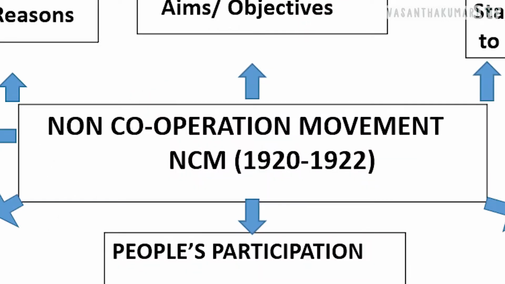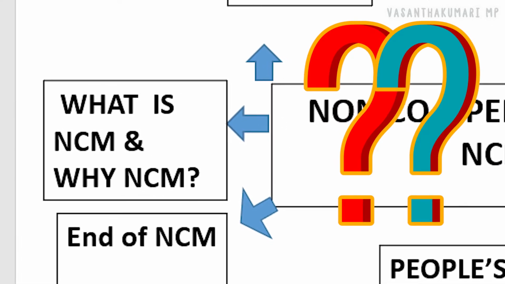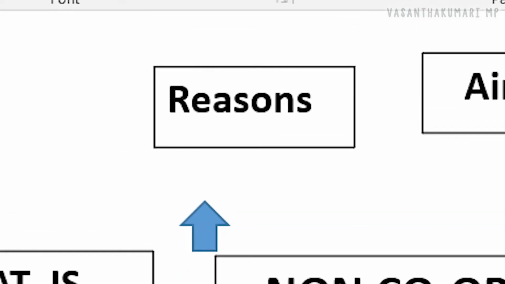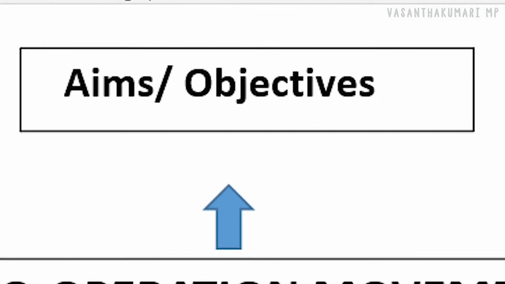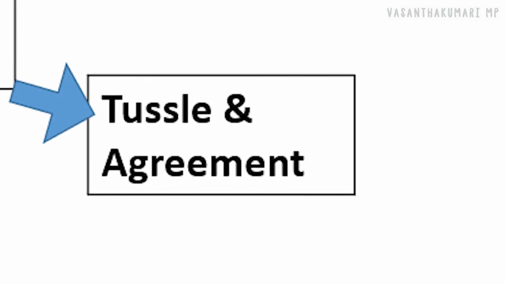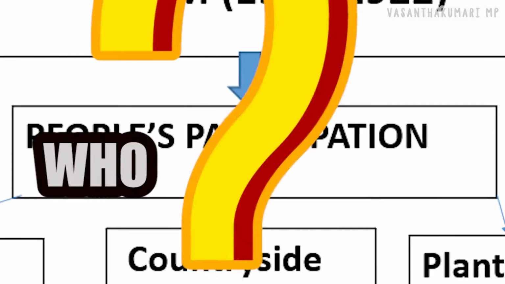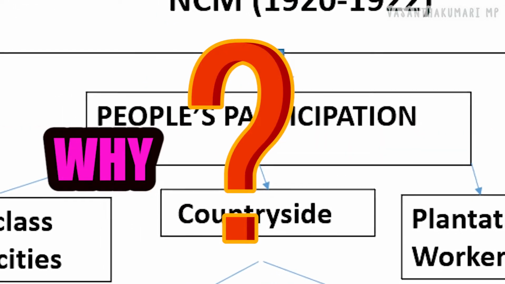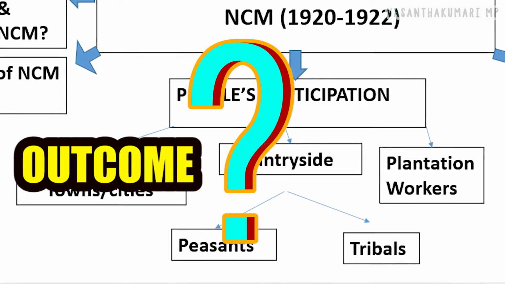To have a better understanding of the topic, we must know what the non-cooperation movement is, why it was organized, what the reasons for it were, what its aims and objectives were, how it was carried out, the stages, the tussle, the agreement, disagreement, how people viewed this movement, who participated, why and how they participated, what its outcome was, and so on.